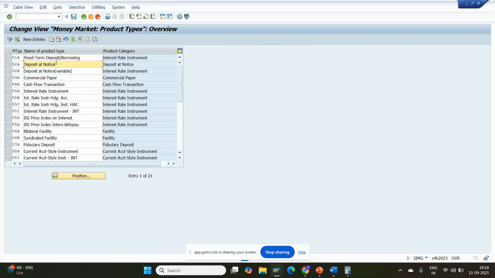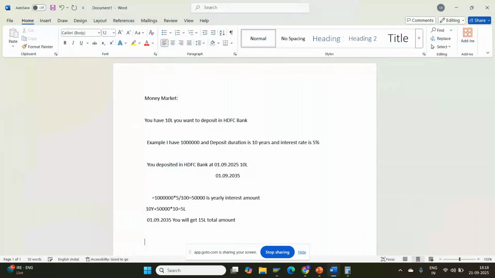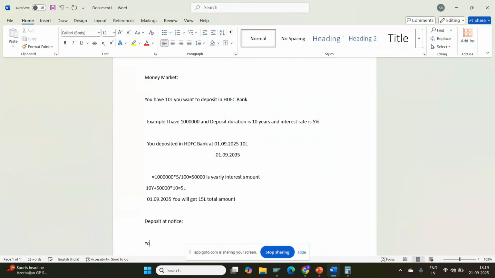Next, there is one more thing, deposit at notice. For example, a deposit at notice. You have 5 lakhs and you want to deposit in ICICI Bank for 1 month.